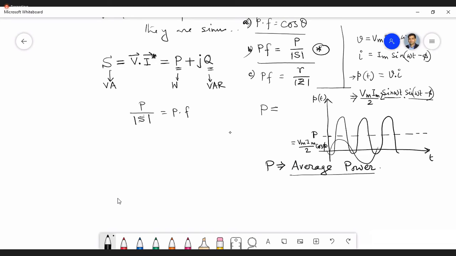So for this non-sinusoidal quantity, first we will try to find the average value. And this is analogous to your average value. And what is this S, mod S? Mod S is basically VRMS into IRMS. So that is this, and this is the average power.